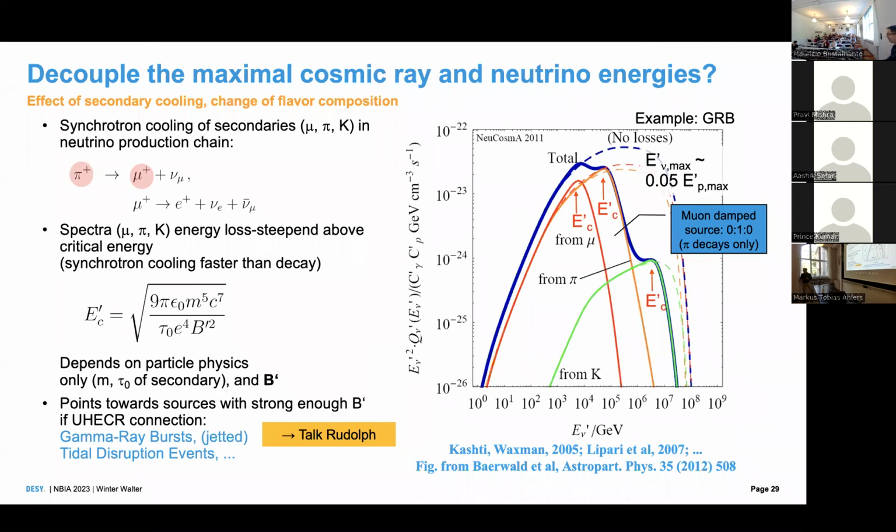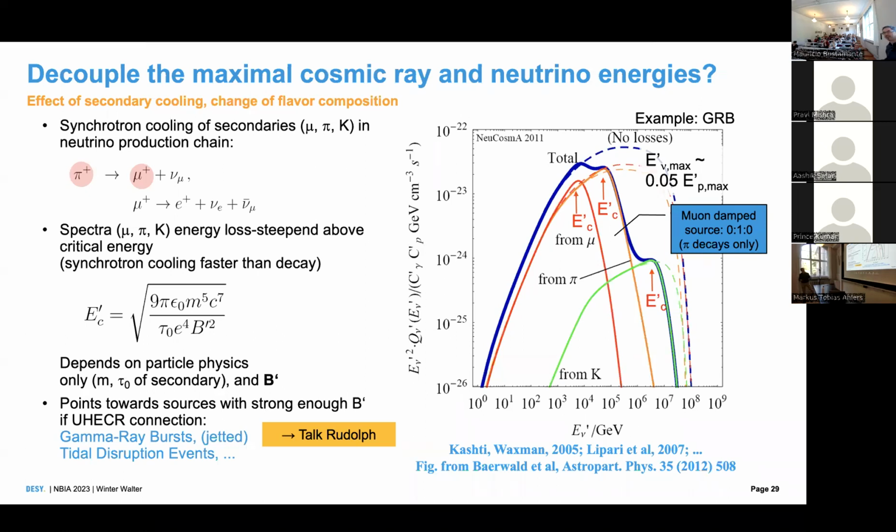So in fact, you can affect the flavor composition in the source by these kinds of effects. Here, it's also a function of energy, because here, for instance, the muon decays would actually dominate in this small range, where you would have a flavor composition 1 to 1 to 0, because this decay part here dominates. Whereas the standard assumption, just to remind you, is 1 to 2 to 0, like 1 electron neutrino to 2 muon neutrinos.